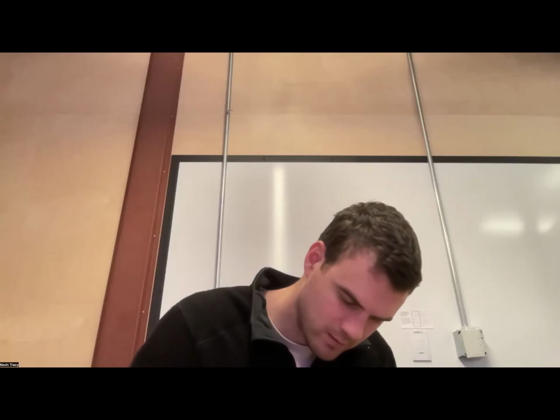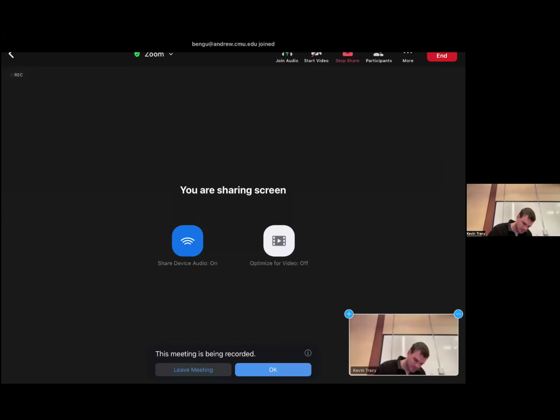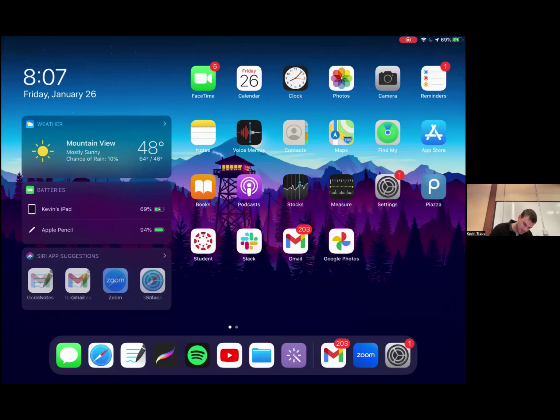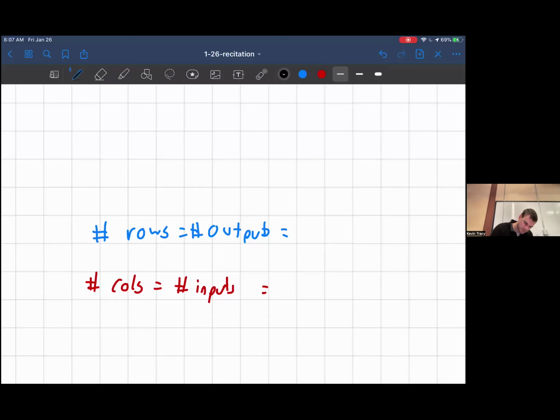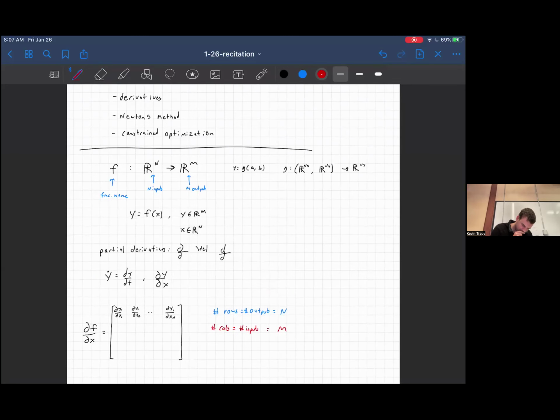Sorry, these are wrong. I mixed these up. This should be n, m, because there's m outputs. Okay, x is a Rn vector, which is the number of inputs, which is the number of columns. This is n. The number of outputs is y, which is m. Okay.